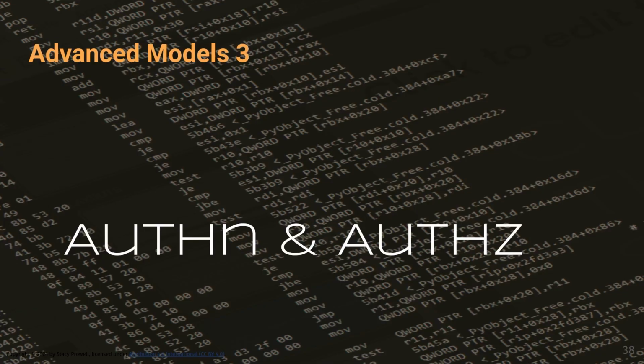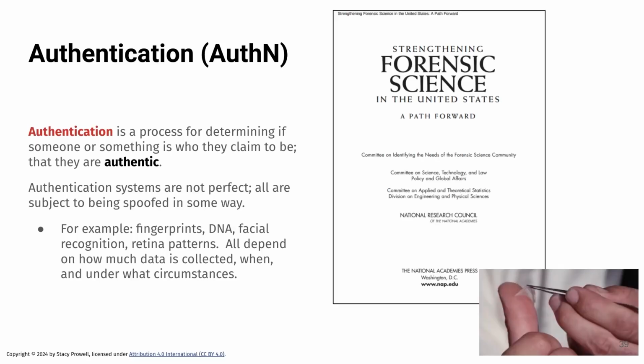So let's shift gears a bit and let's talk about authentication and authorization. Authentication is the process of figuring out if someone or something is who they claim to be, right? And this happens all the time. You look at your phone to unlock it.